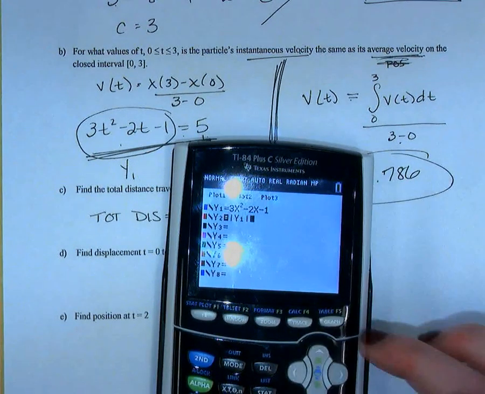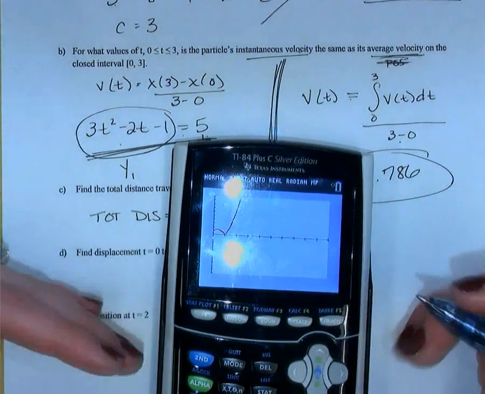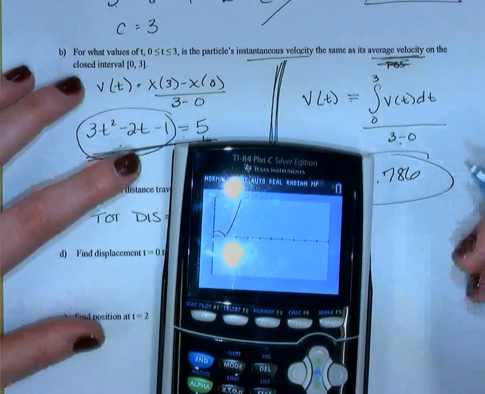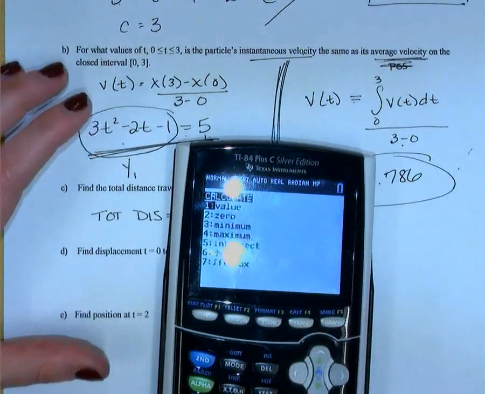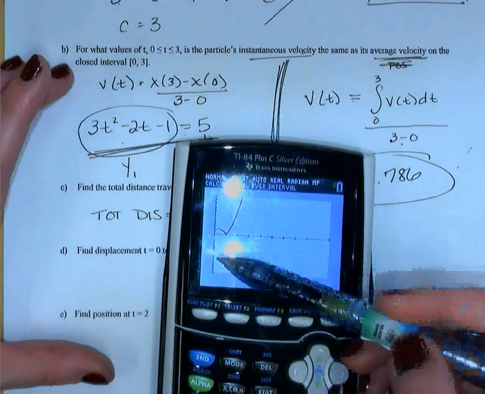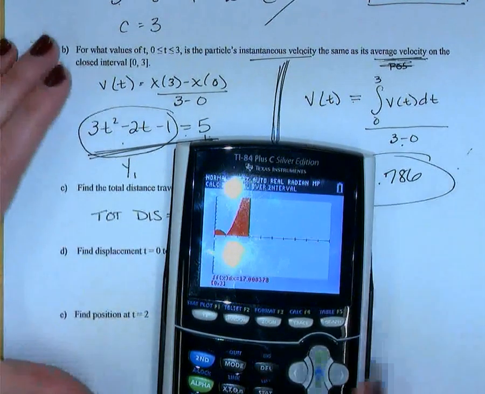I turned the first one off. So now I'm going to graph that, and I'll integrate that from 0 to 3. Notice everything is above the x-axis because it's absolute value. If I integrate, oh, it's still graphing. Second trace, option 7, 0 to 3. So now it's going to integrate over that interval. And I've got 17 as an answer.